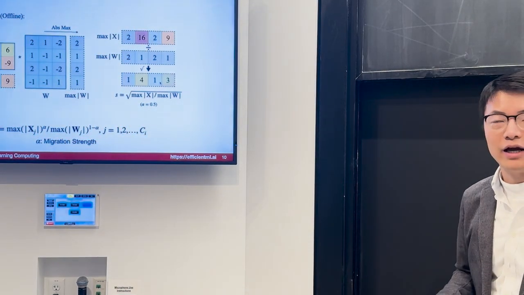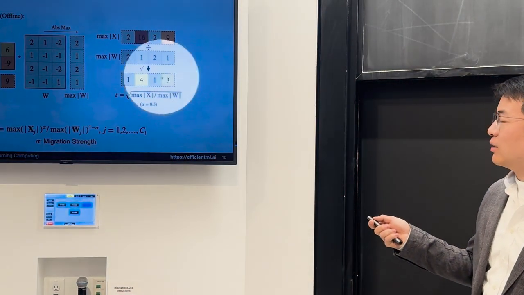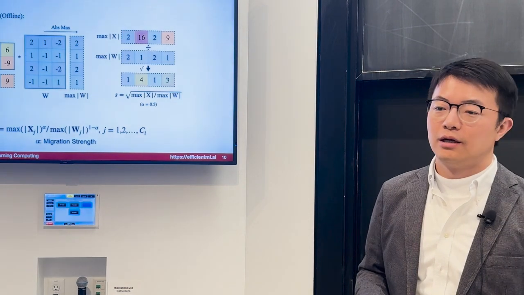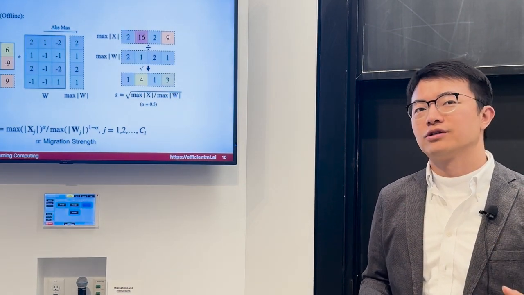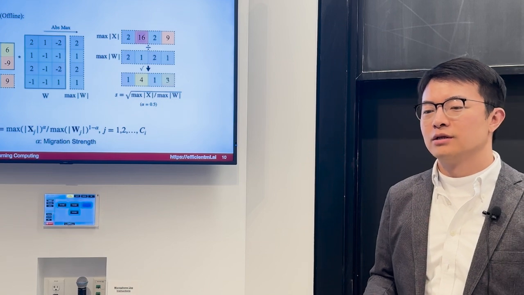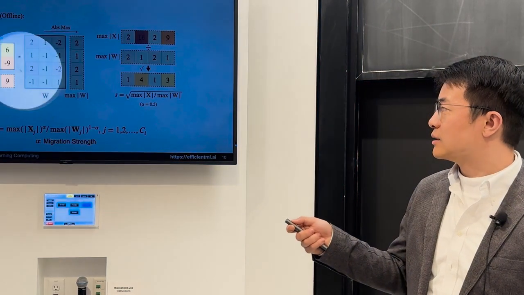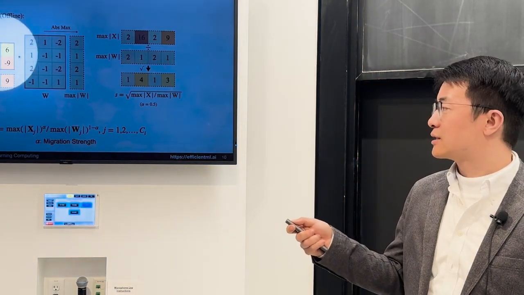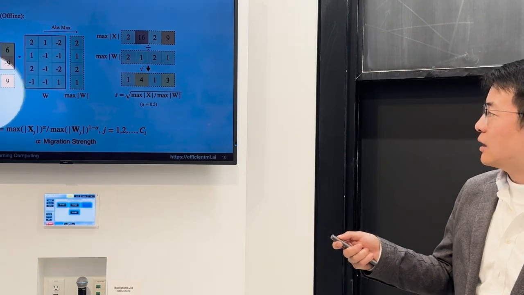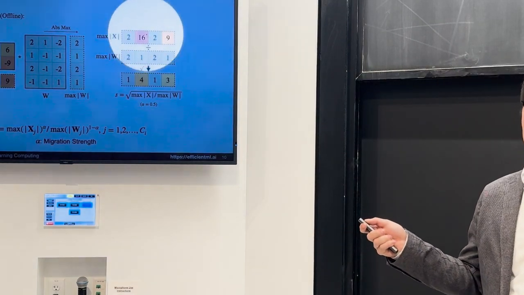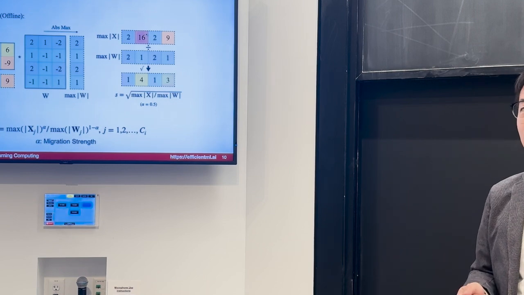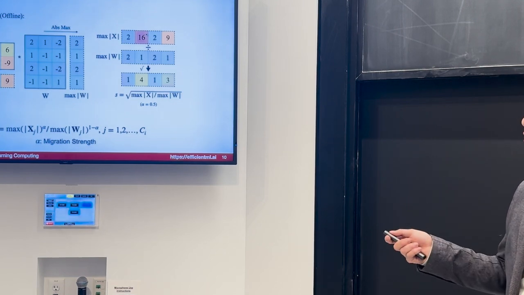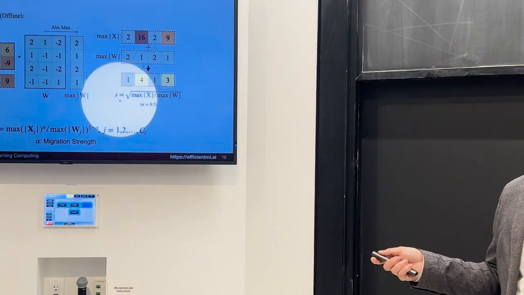So we get a scaling factor of 1, 4, 1, 3 in this case. So this is during the calibration stage. We run a few batches of sentences, and we collect these statistics, collect this activation information, and we collect the scaling factors. We do the division between the activation and weight and take the square root of that. We find this scaling factor.